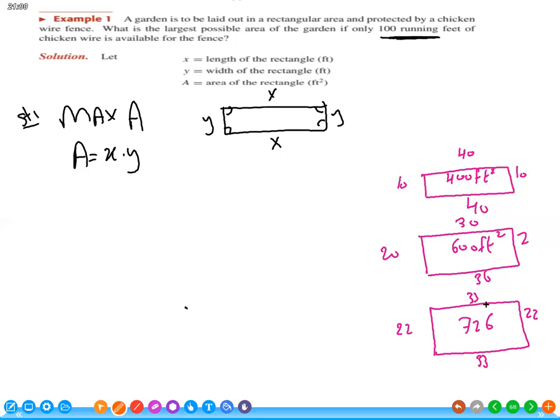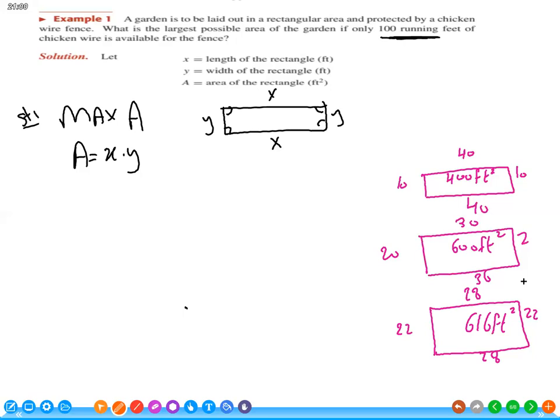The total is not 100, I have a mistake here. Wait. If you take 22, 22, 100 minus 44, it's 56. Divide by 2, so 28. So if you take here 28, 28, because the sum of the perimeter must be 100. 28 times 22, it is 616. It's bigger, best.